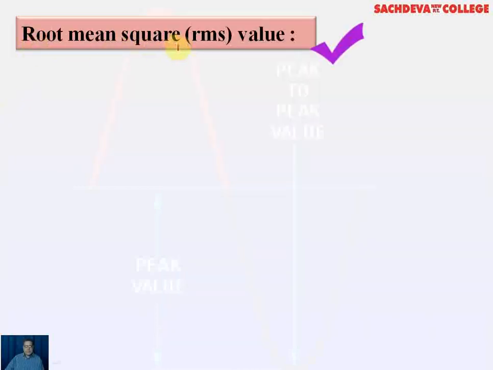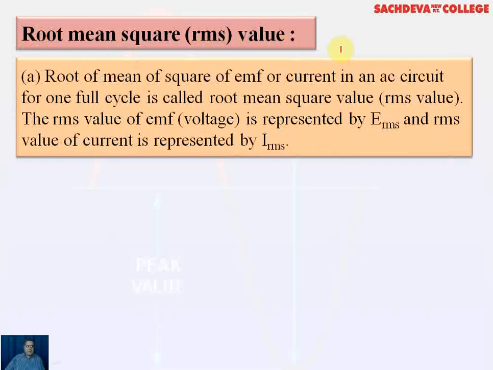Root mean square value. Now, how is the RMS value different from the earlier values? The root of the mean of the square of EMF or current in an AC circuit for one full cycle is called the root mean square value or RMS value.